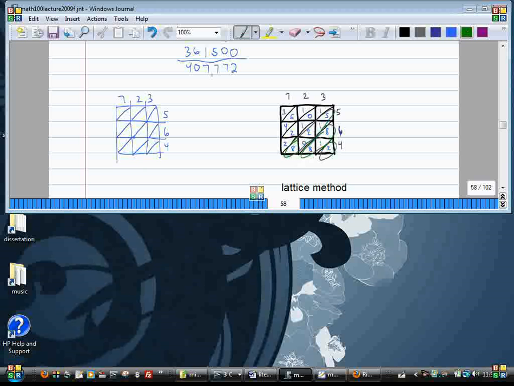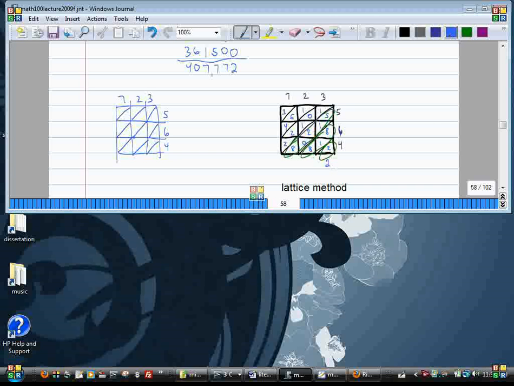So, in order to combine all the numbers, we add, but we add so that all the proper place values are matched up. So, for example, add along that first short diagonal that I made, and what do you get? There's only one number there, so it's 2.